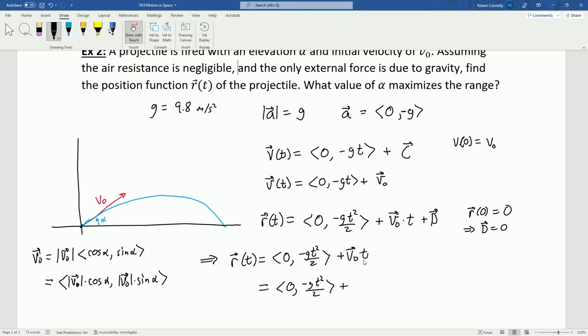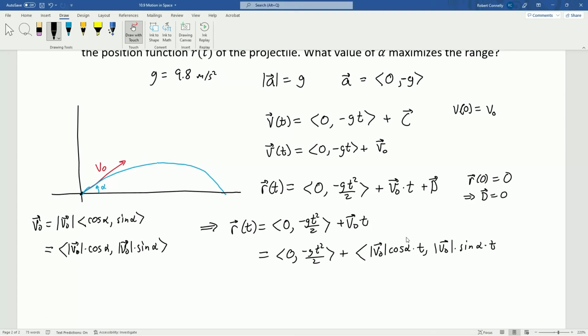So if I'm multiplying that by t, this becomes the vector, magnitude v0 cosine alpha times t, and magnitude v0 sine alpha times t. And so if I add these two vectors together, what do we get?